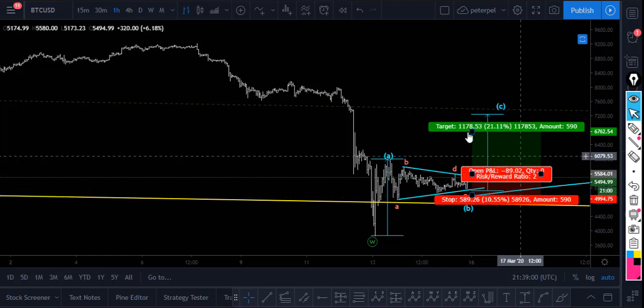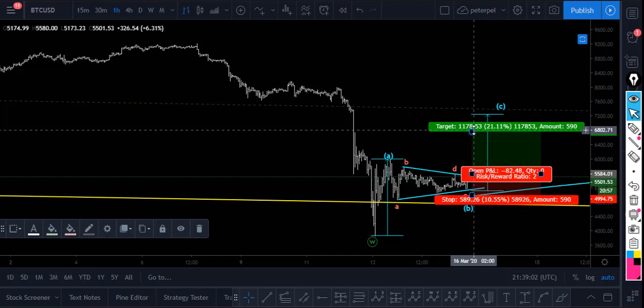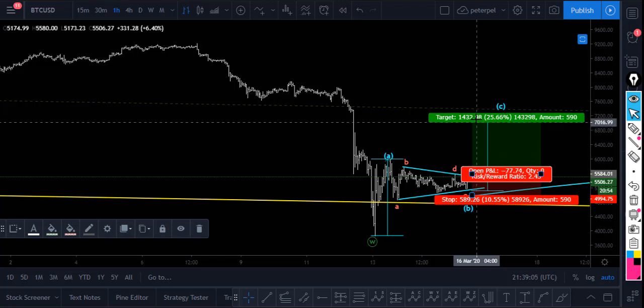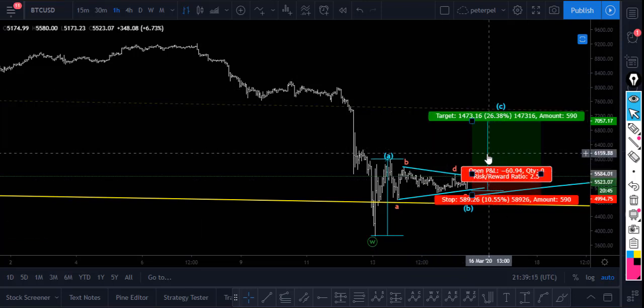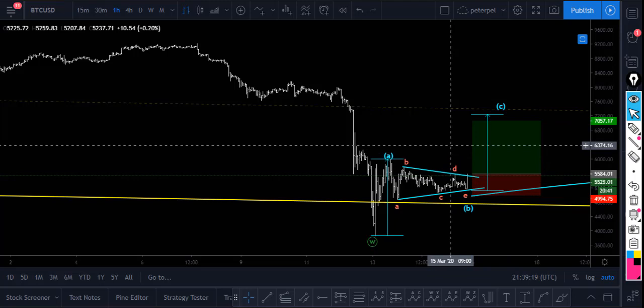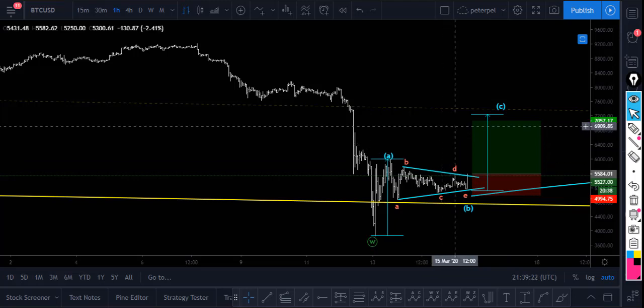And because it's a corrective move, we can go for 2:1 or 2.5:1, which will not be bad for a corrective move. So we'll go for a 2.5:1 risk to reward ratio on this trade.